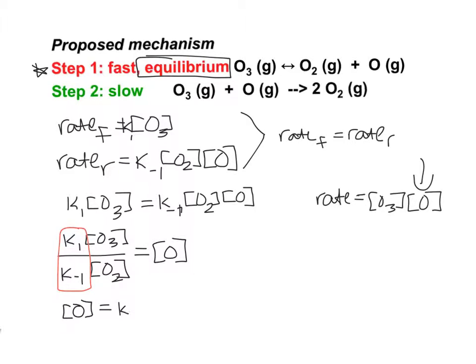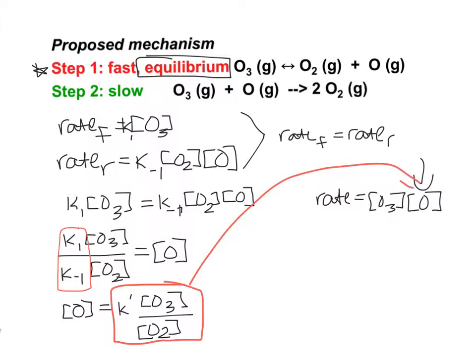So I'll have K prime, and then concentration of O3 over concentration of O2. So now I'm going to take this term and plug in for here, and I'll show you what that makes.